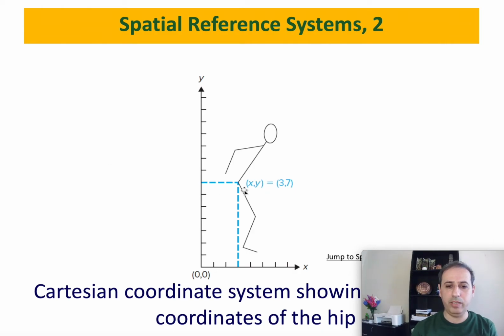This is the hip of the subject, and we need to measure the distance between the hip location and the 0 point on the x-axis, and the distance from the 0 point to the y-axis.